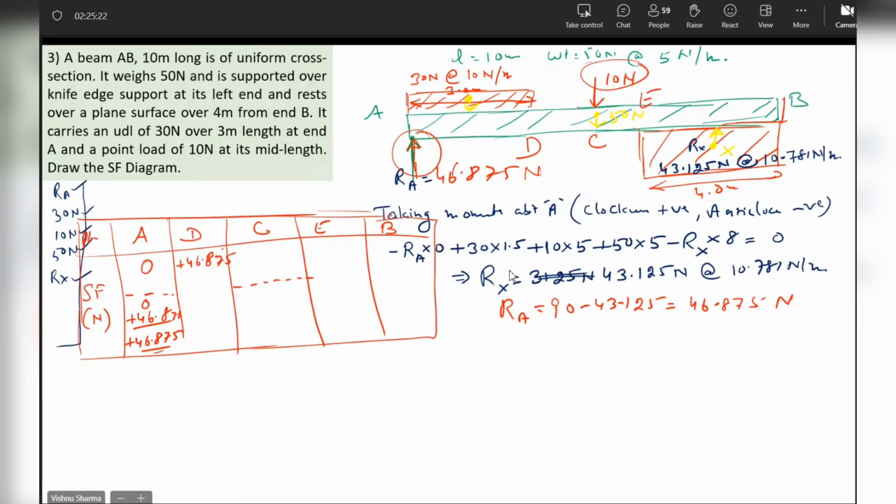From A to D, what are the changes taking place? Please see carefully. If you say correctly, it will help your cause. Minus 30. Anything else? Minus 35.